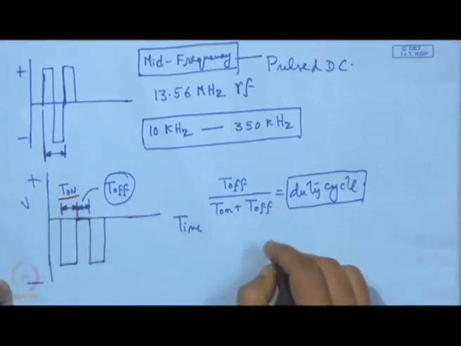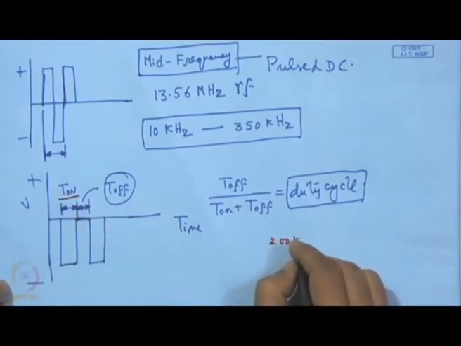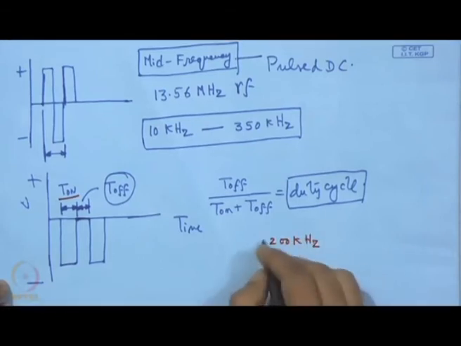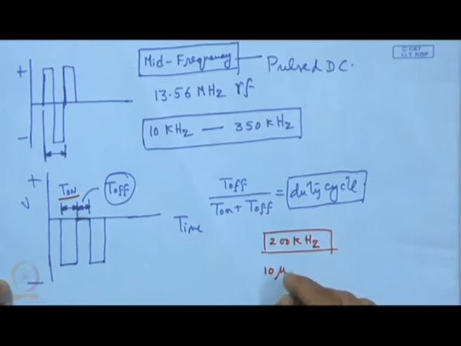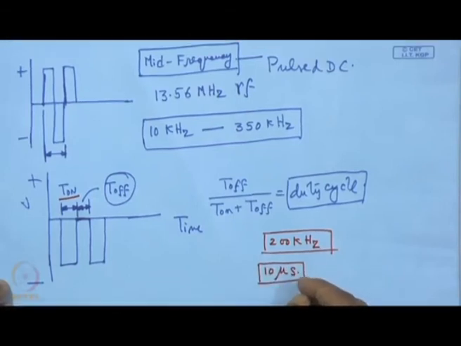So, when it is say 200 kilohertz, and 200 kilohertz means pulse width is actually 10 microsecond, out of this 10 microsecond one has to decide how much will be T on and what the remaining will be T off.